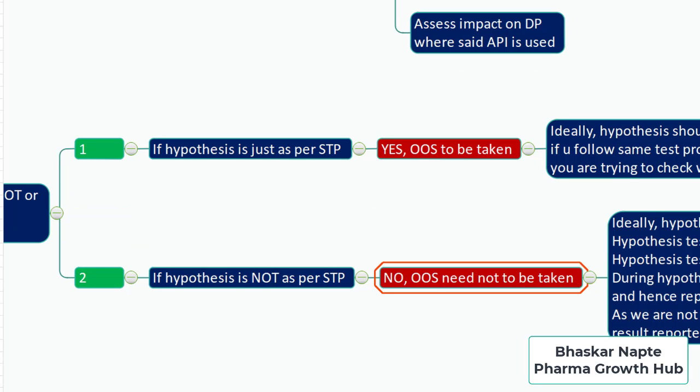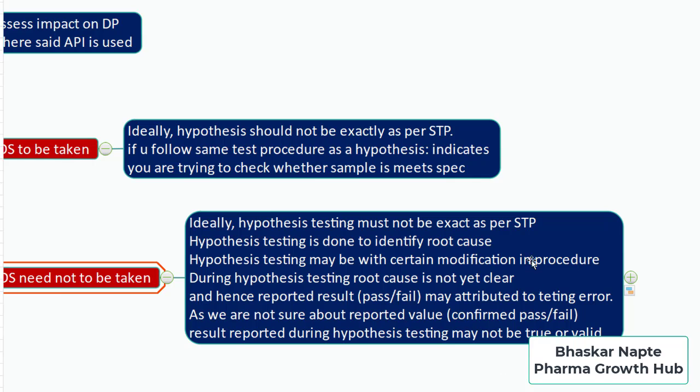Let me also explain further, and this is a much better explanation. Ideally, hypothesis testing must not be exact as per the STP. Hypothesis testing is done to identify the root cause. Hypothesis testing may be with certain modifications in the test procedure, and during hypothesis testing, the root cause is not yet clear.